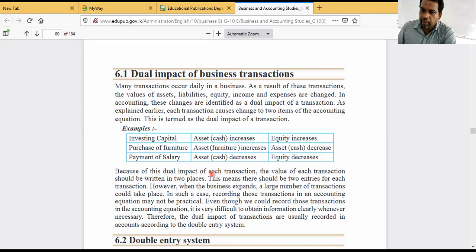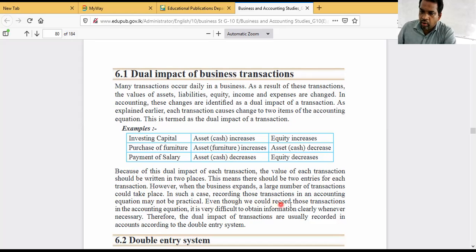Because of this dual impact of each transaction, the value of each transaction should be written in two places. This means there should be two entries for each transaction. However, when the business expands, a large number of transactions could take place. In such a case, recording those transactions in an accounting equation may not be practical.